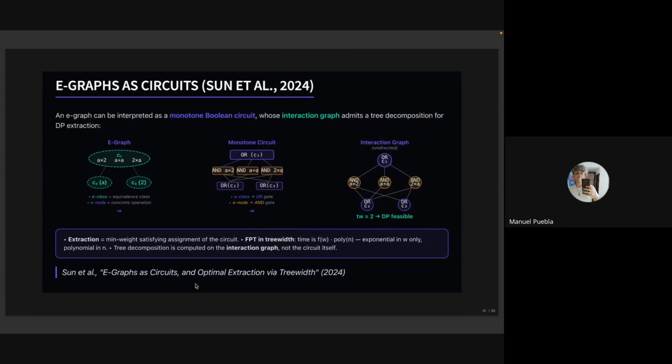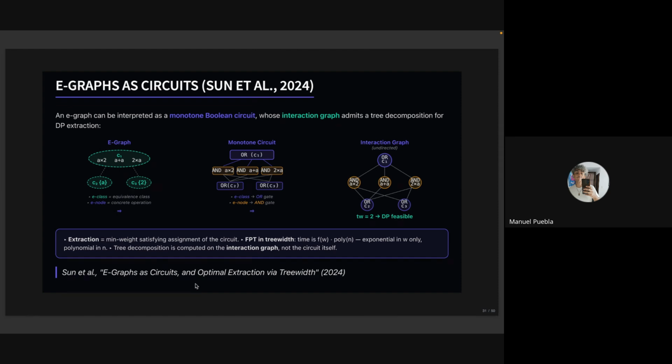And why do we bother to talk about tree width? It's because in 2024, it was shown that e-graphs can be cast as interaction graphs. They go through this idea of first converting the e-graph to a monotone circuit, which has only AND or OR gates.